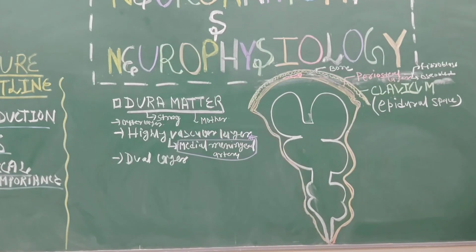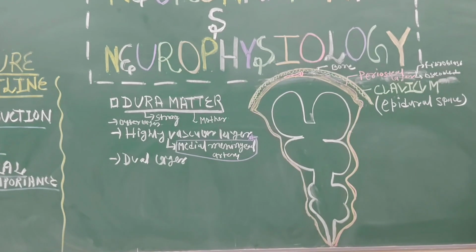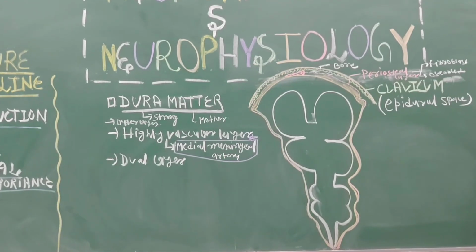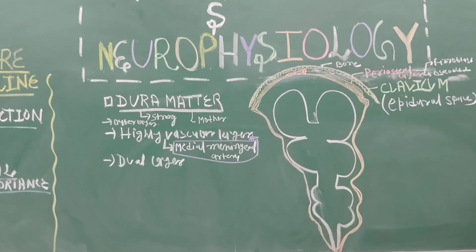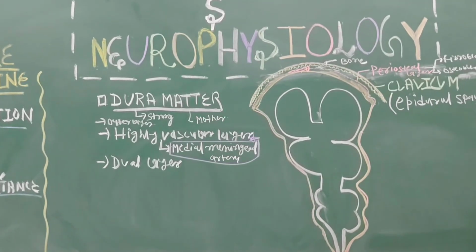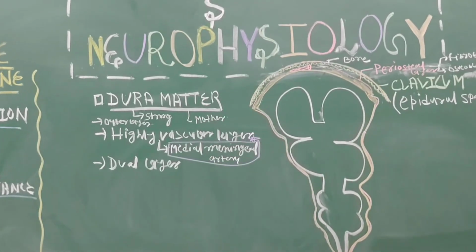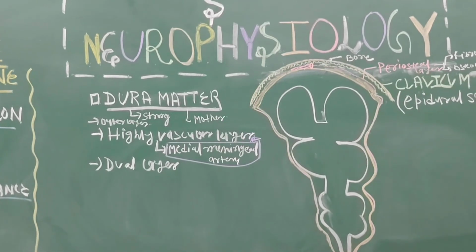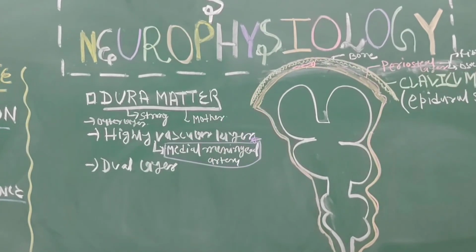Because of the presence of this artery, there is a potential space, and this space sometimes becomes a victim.